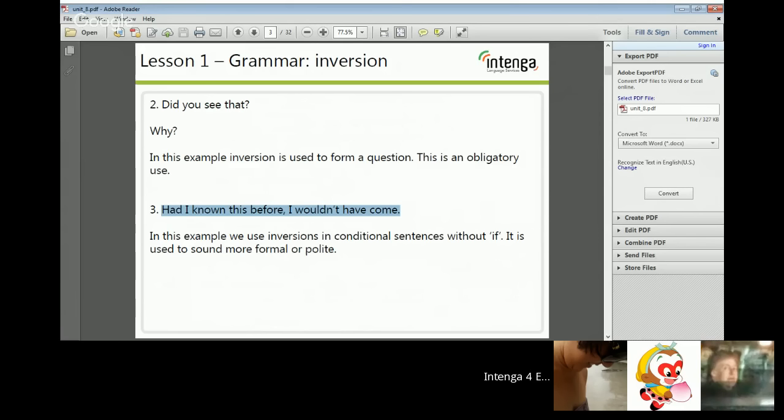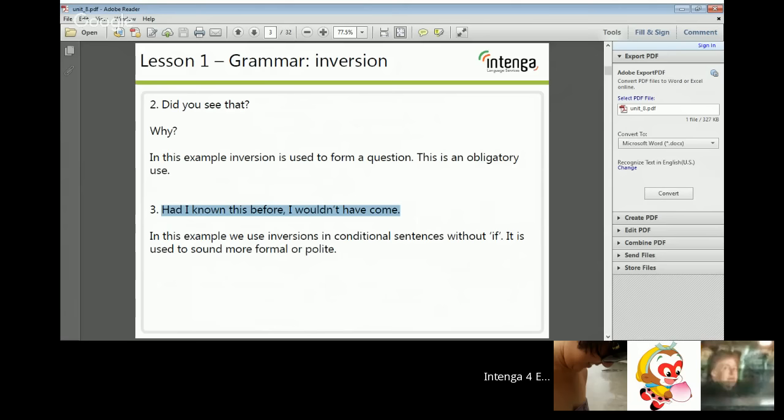Sorry, is there a nuance difference if I say, if I had known or had I known this before? Is it the same nuance or a bit different? No, it's the same meaning. And it doesn't sound poetic or anything like that?